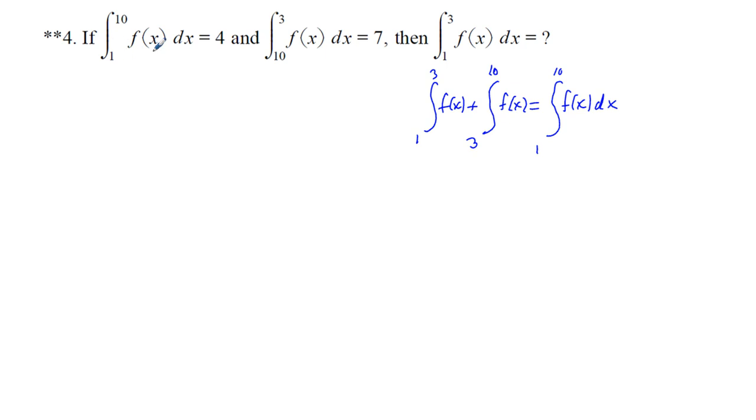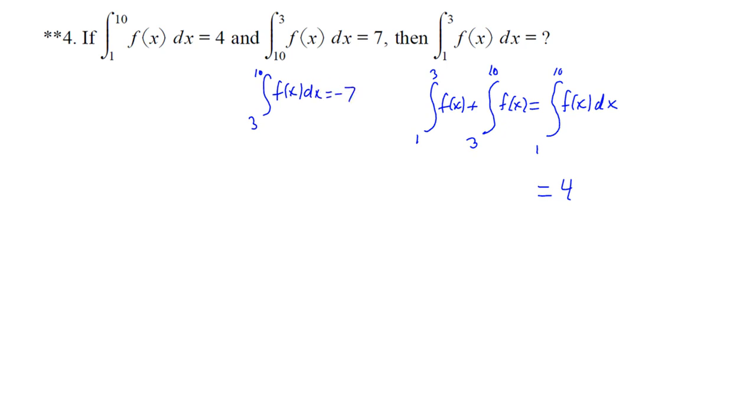So we're already fortunate to be able to find out what these are. We know that this whole thing on the right here, the integral from 1 to 10 of f(x) dx, we just replace with 4. The integral from 10 to 3 of f(x) dx equals 7, so therefore the integral from 3 to 10 of f(x) dx is going to be equal to negative 7.